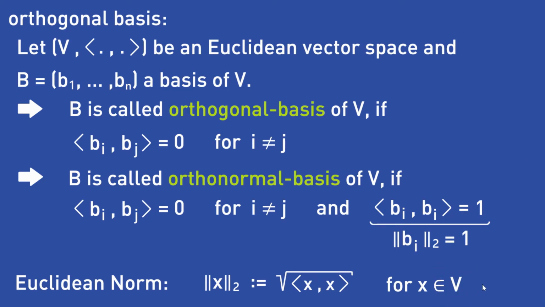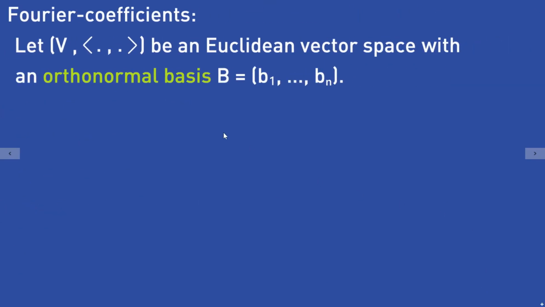Let's take a look at the Fourier representation of a vector in an Euclidean vector space now. Let V be an Euclidean vector space with an orthonormal basis B equal to b1 to bn. So that basis B is an orthonormal basis.